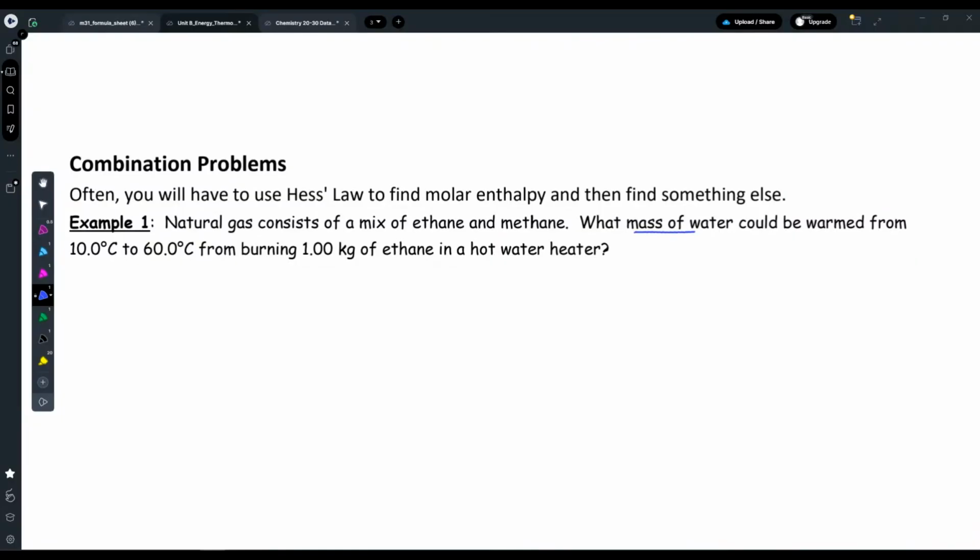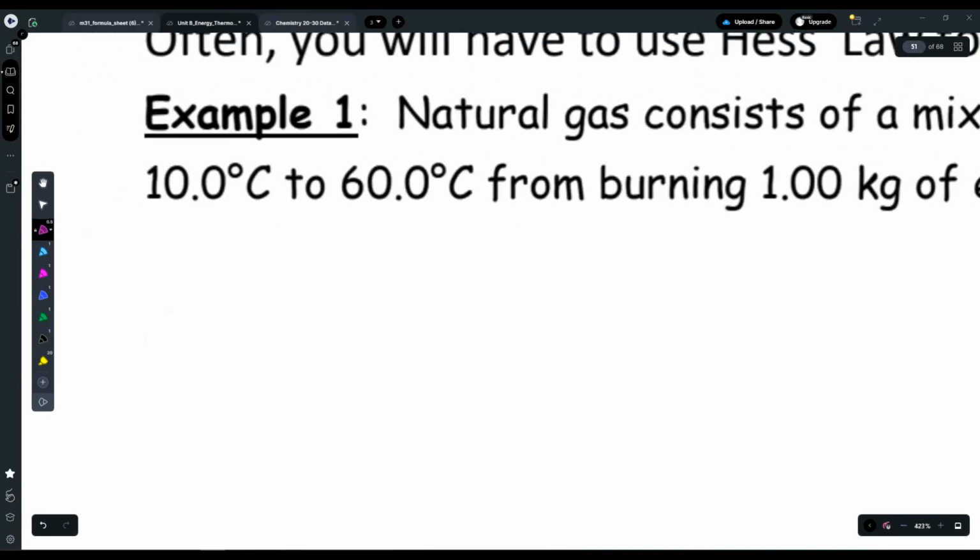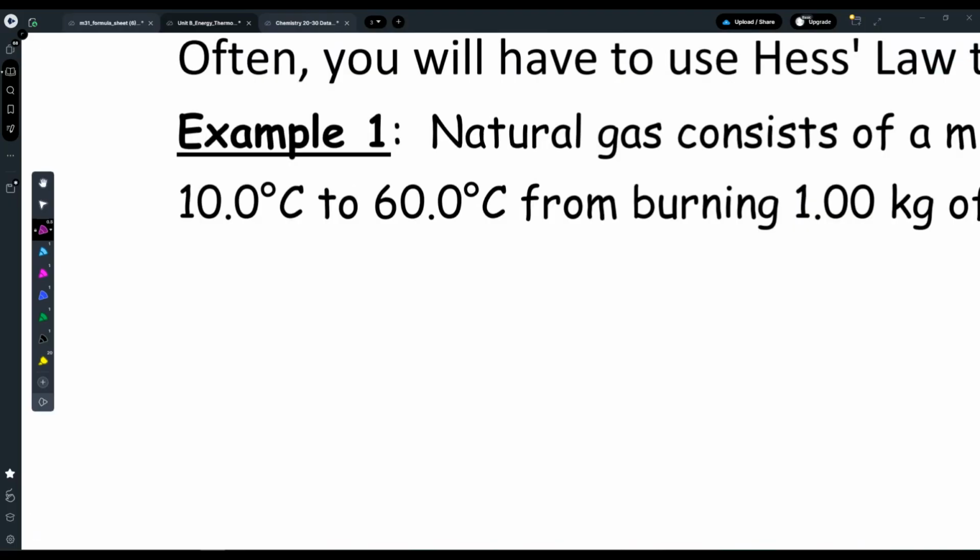What mass of water could be warmed from 10 degrees to 60 degrees Celsius from burning 1 kilogram of ethane in a hot water heater? So for this, step 1, we're going to find change in enthalpy using Hess's law, and then we're going to find the molar enthalpy of ethane.